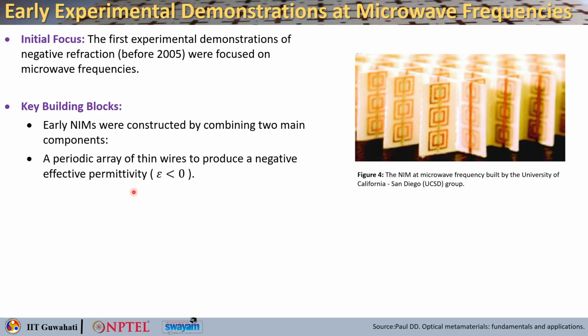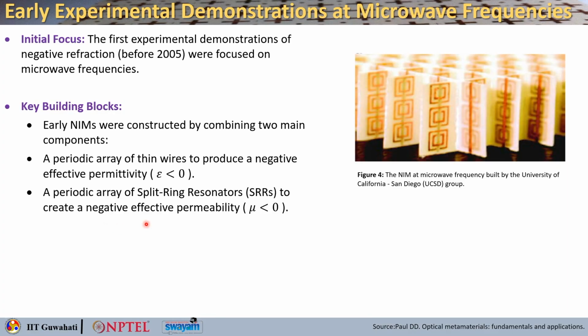First, a periodic array of thin wires that can produce negative effective permittivity, so epsilon is negative. Then a periodic array of split ring resonators that can create negative effective permeability, so mu is also negative.